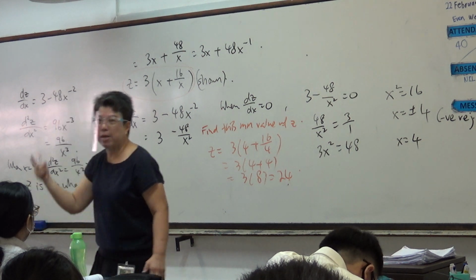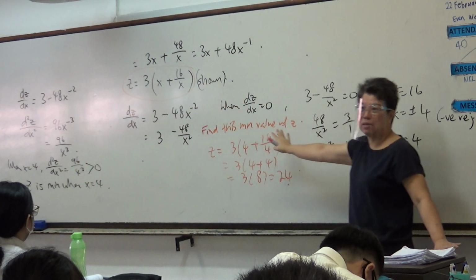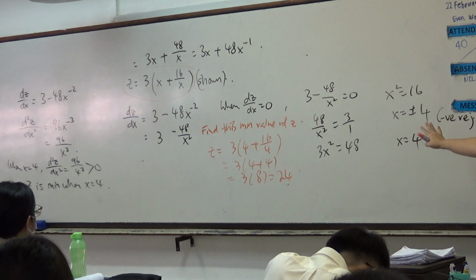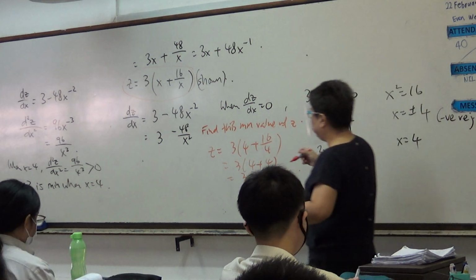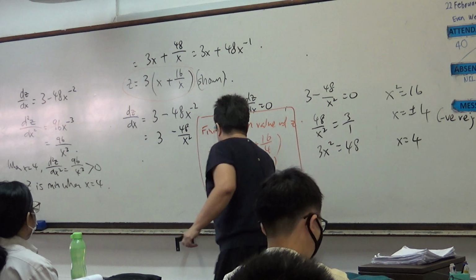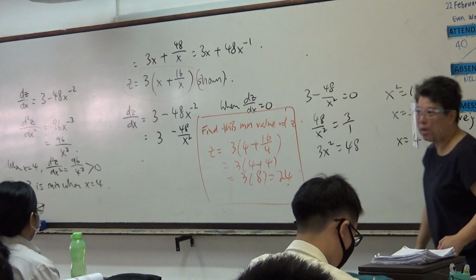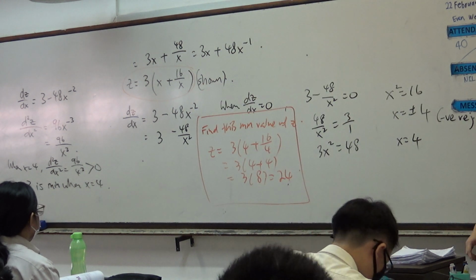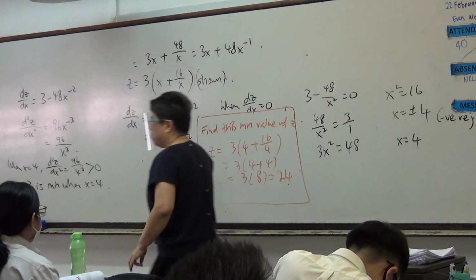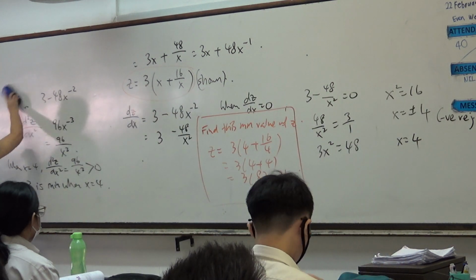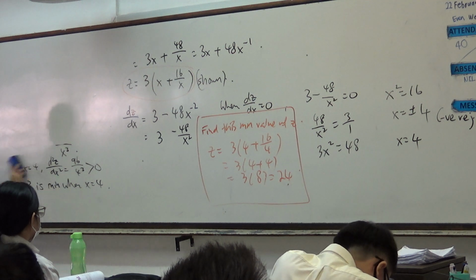Everybody clear? Okay, so this is one of the easiest ones, example 6. Just that this part, the question did not say, but you can still find it out. Everybody clear? Yes. Okay, now next example, example 7. It's not so simple.